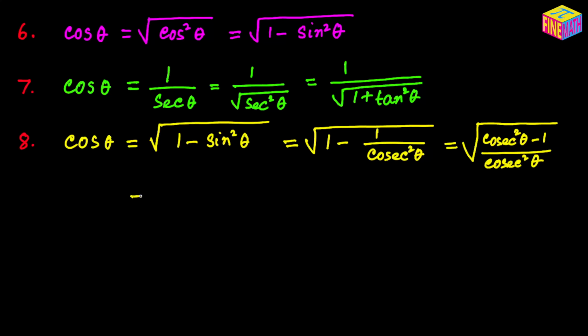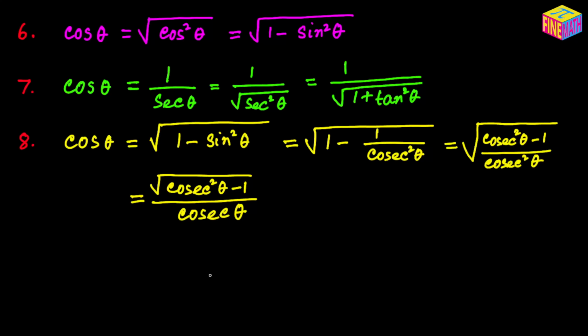And then we can write it as square root of cosecant square theta minus 1, and then we can bring the other cosecant square theta outside of the square root, so this will become cosecant theta. So if you know the value of cosecant theta, you can easily calculate the value of cosine theta. So cosine theta will be square root of cosecant square theta minus 1 divided by cosecant theta.